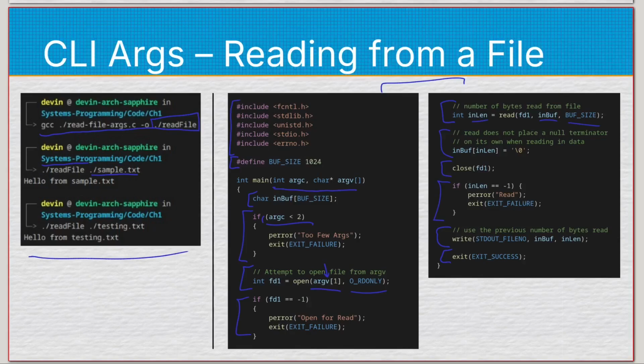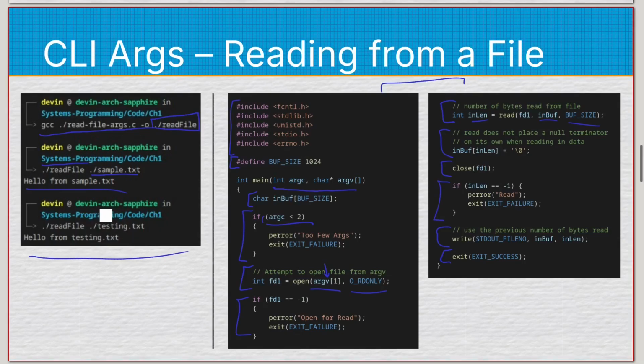So all it's going to do is just read 1024 bytes from that file and print that out to the user. It's like a very, very limited version of cat, essentially. If I were to loop through it to read it until the end of the file, this would just be implementing cat directly on a single file, of course. So it just prints out hello from sample.txt.